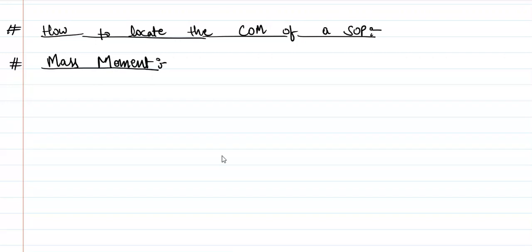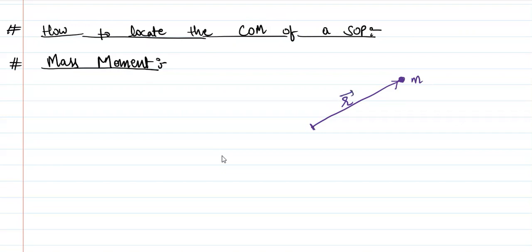For a given point, its mass moment is always calculated with respect to a reference point. That means, let us suppose there is a particle of mass m. I want to find out the mass moment of this particular particle. So I can find it with the help of a reference point situated somewhere at a distance r vector from m.